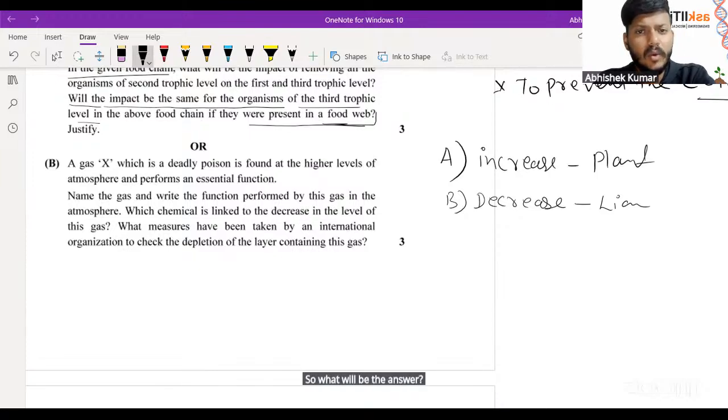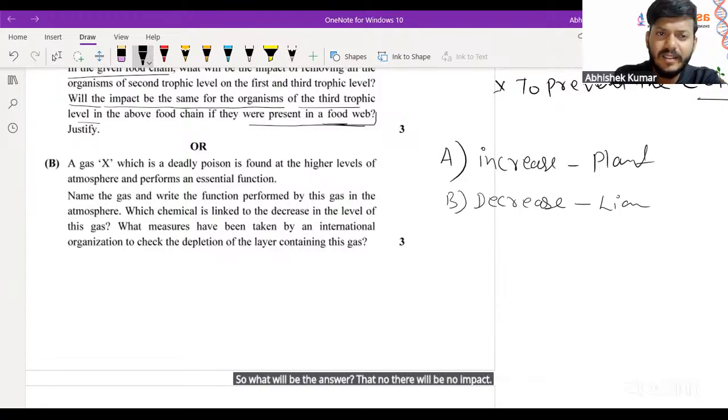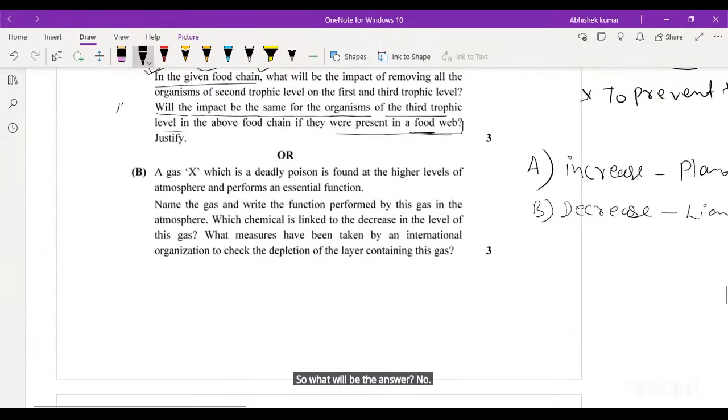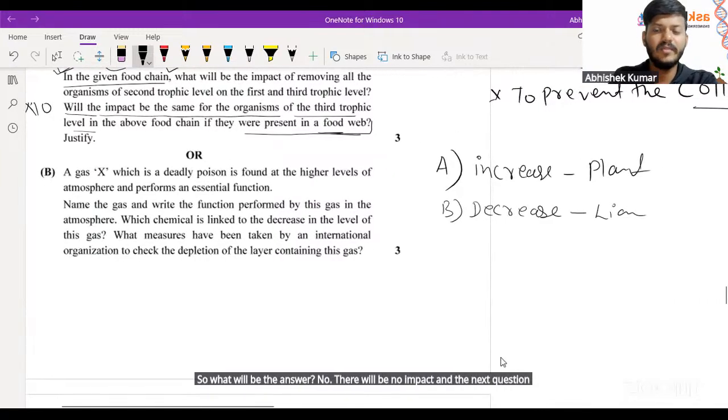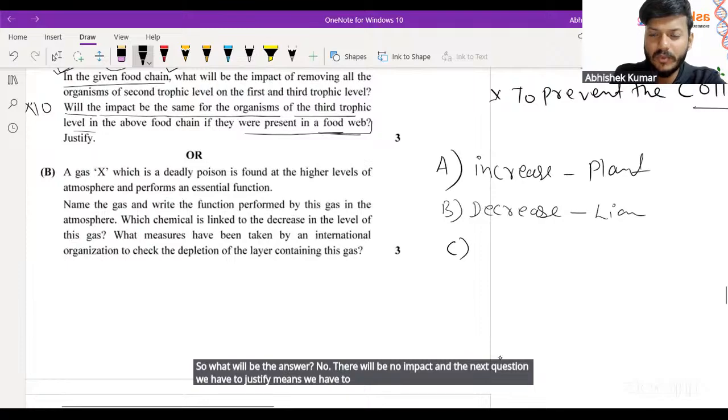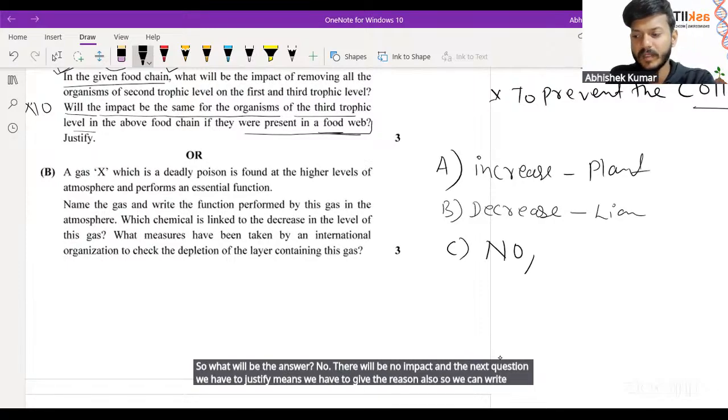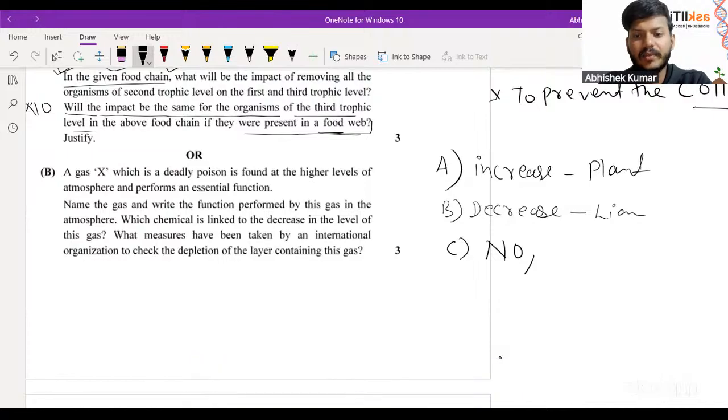So what will be the answer? No, there will be no impact. The next part asks us to justify, which means we have to give the reason also. So we can write that no, as the organisms of the level will find alternate food.